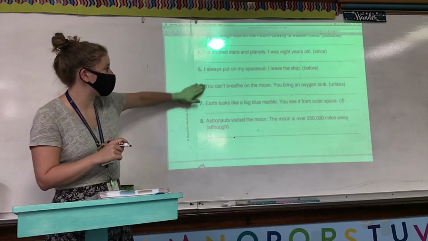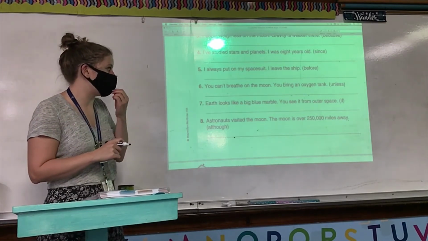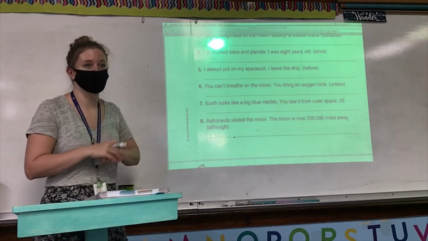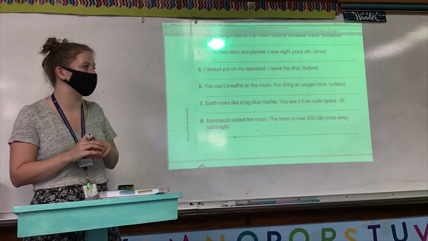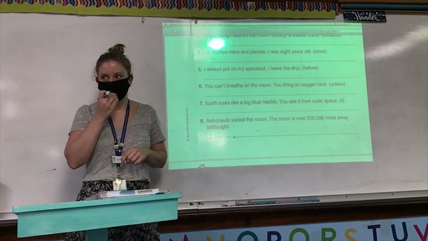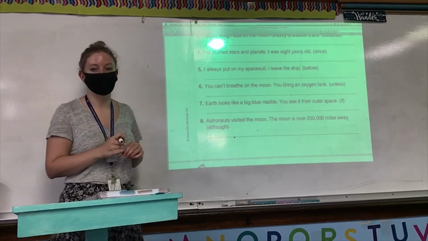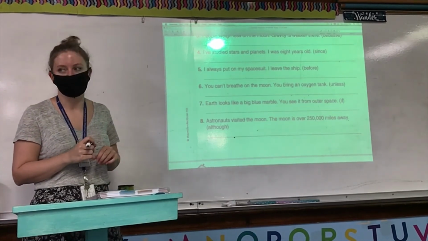Number 6. You can't breathe on the moon. You bring an oxygen tank. We need to combine using the word unless. It is your choice: you may do the dependent or the independent clause first.